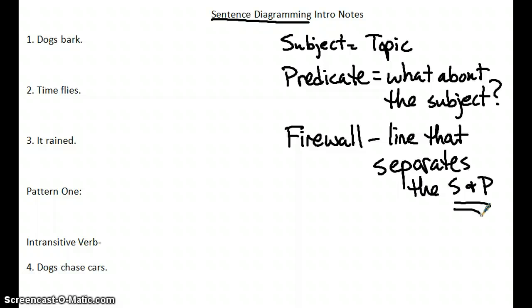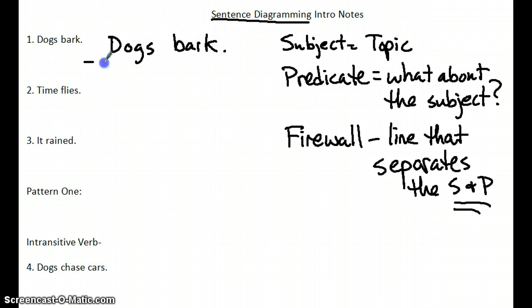So, what we're going to do first is we're going to draw a horizontal line, and then we're going to draw the firewall separating the two. Let's take a look at the first example. Dogs bark. I'm going to write dogs first, and then I'm going to write bark.